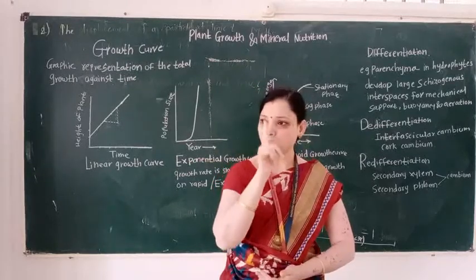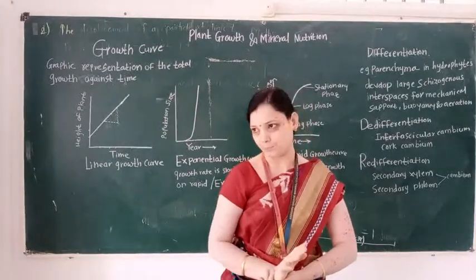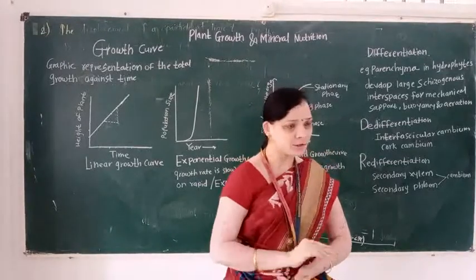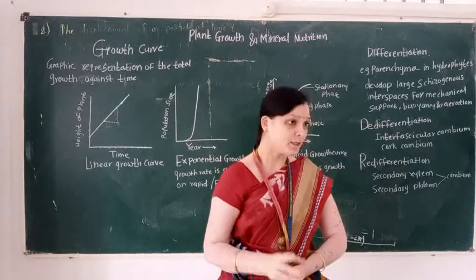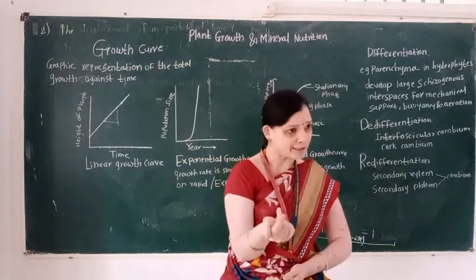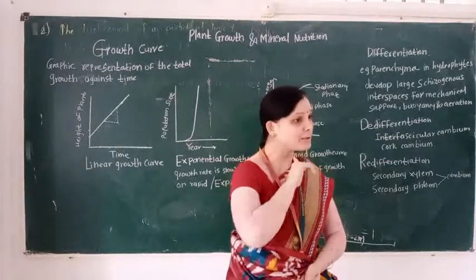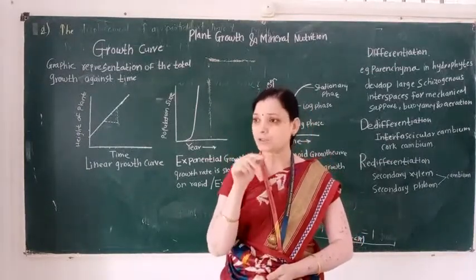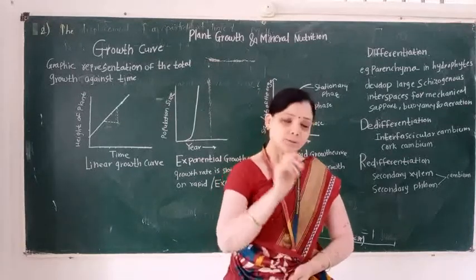First type is meristematic tissue and second type is permanent tissue. Meristematic tissues are young and immature, permanent tissues are older and mature. Meristematic tissue has the ability of cell division, whereas permanent tissue has lost this ability. So permanent tissue does not undergo cell division.